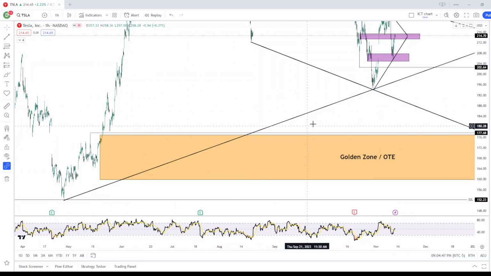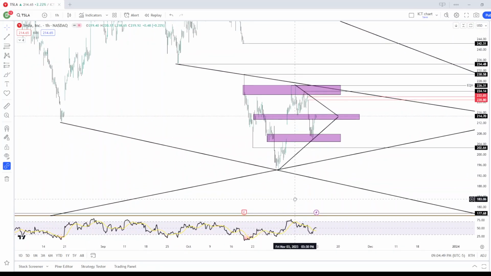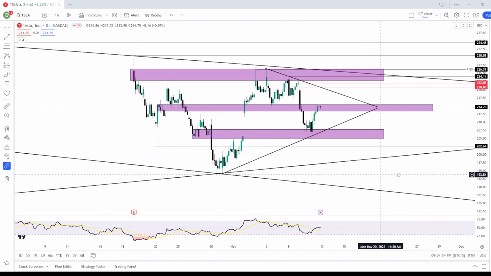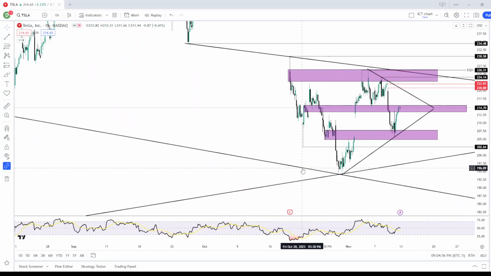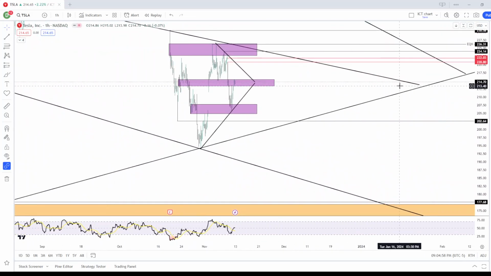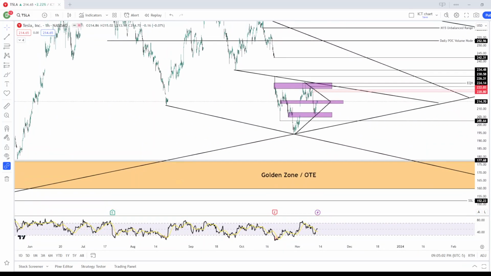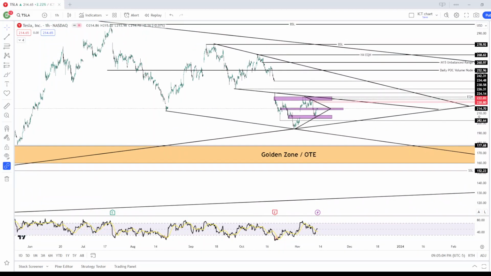We are looking at that support level as well as far as our trends go. So have that on your chart also. So we're in a symmetrical triangle inside a larger symmetrical triangle, which is inside an even larger symmetrical triangle if you look at that right there.